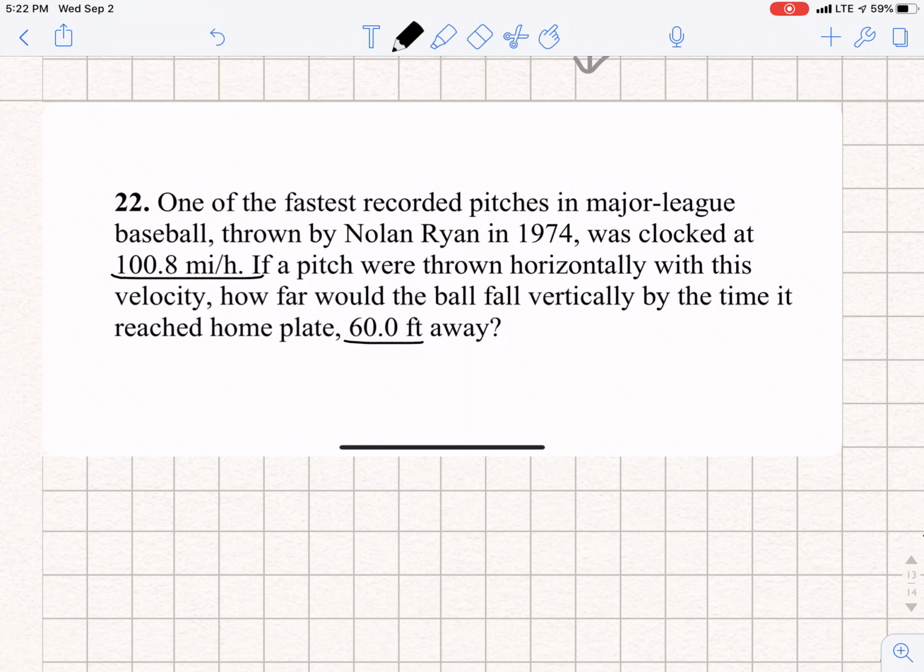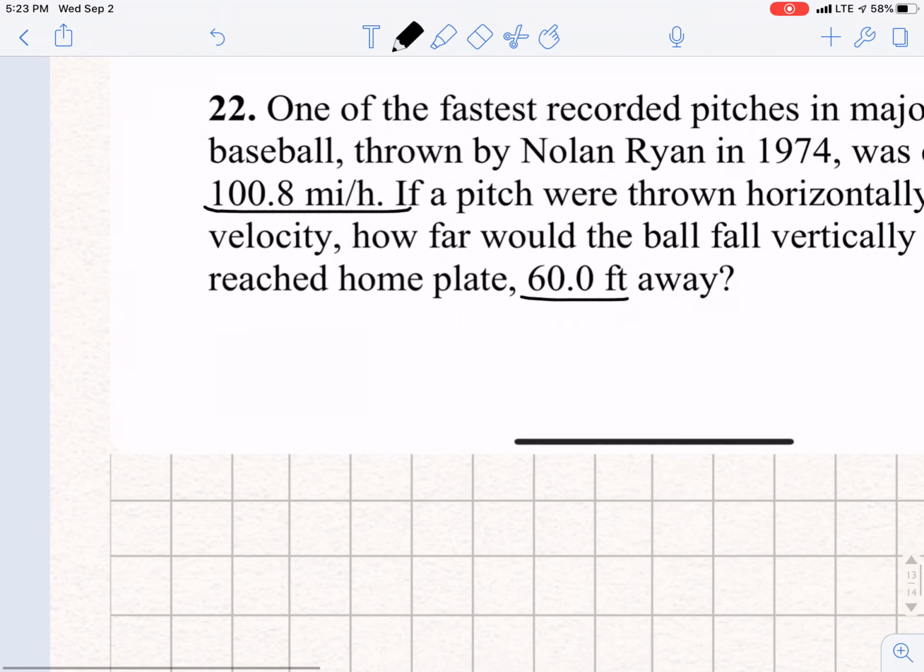Well, it turns out that 100.8, if I want to go, let's say, from miles per hour to meters per second, I can use the following conversion factor.